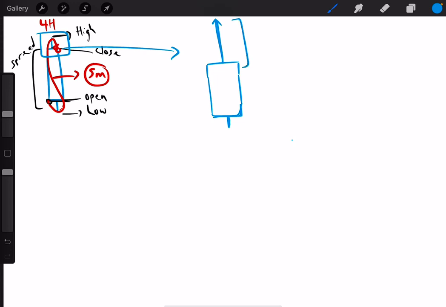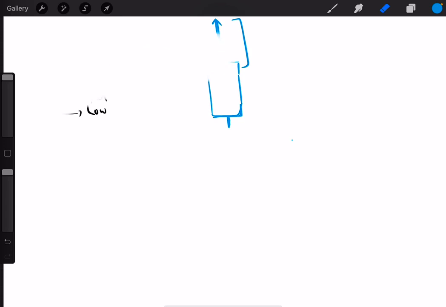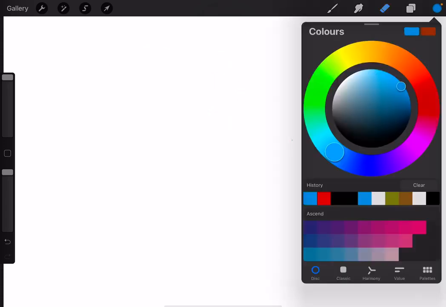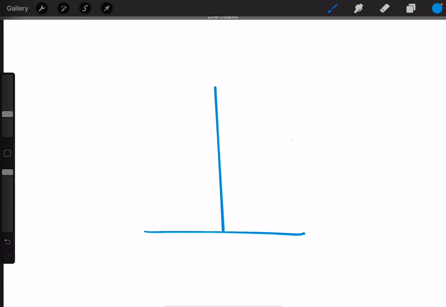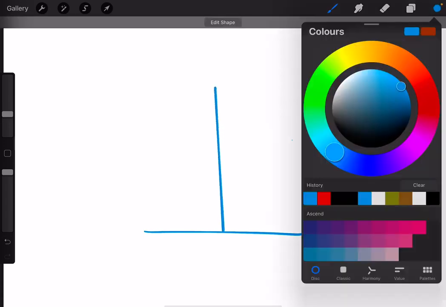So if we think about it in this sense, let me get rid of everything. We're just going to focus on the wick. Let's think about price.